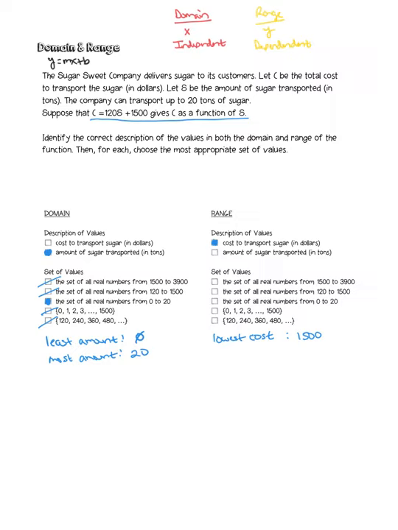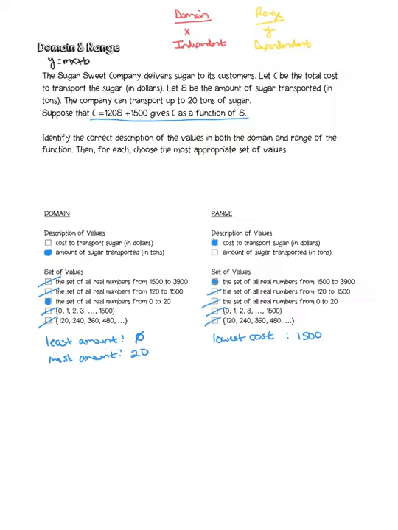So let's just stop right there. Well, it's not going to cost 0 because there are startup costs. If the lowest cost is $1,500, I'm just going to eliminate everything. The set of all real numbers from 0 to 20 is the amount of sugar you can transport. That is not the cost. So the set of all real numbers from 1,500 to 3,900, this is it.